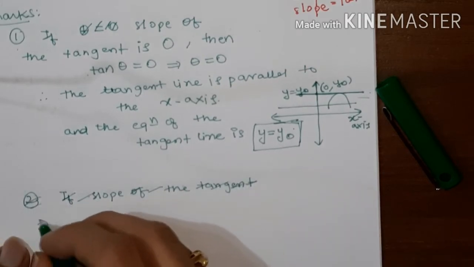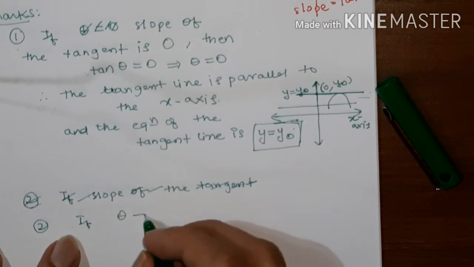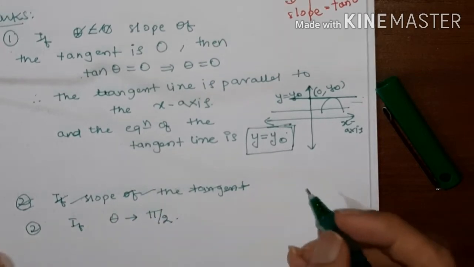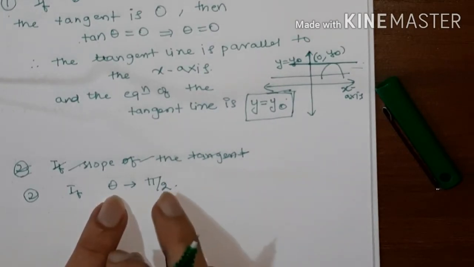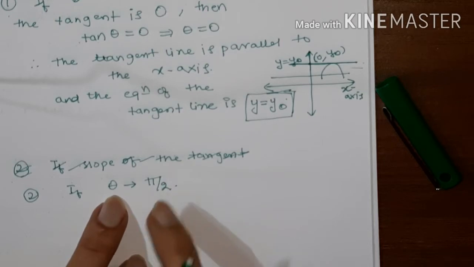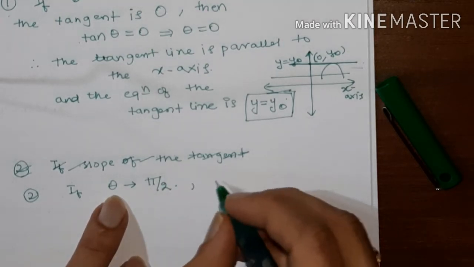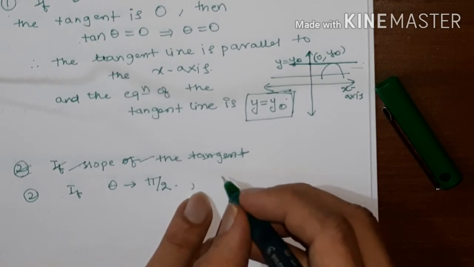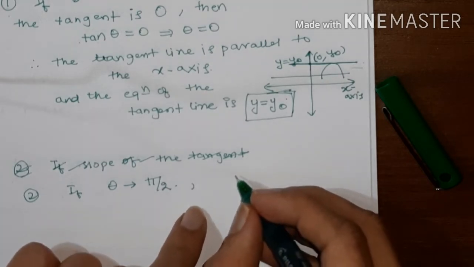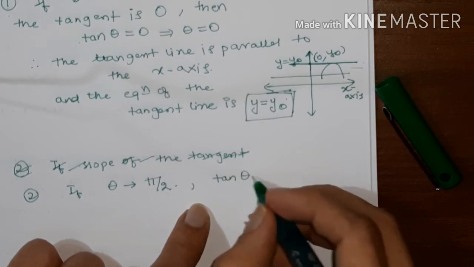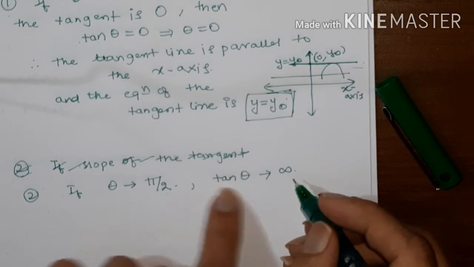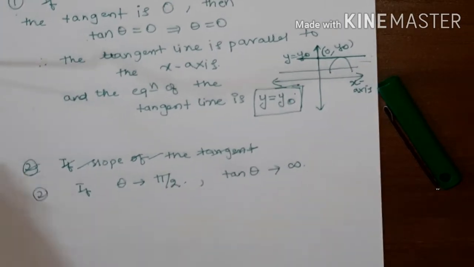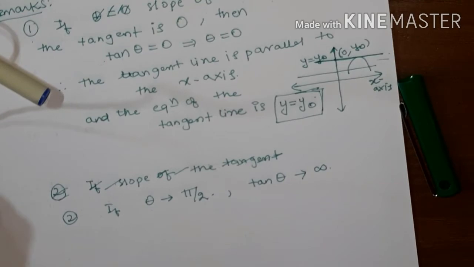Second, if theta approaches pi by 2, that means theta is getting very close to pi by 2, that is 90 degrees, then where will tan theta go to? So tan theta will go to infinity, because tan of pi by 2 is infinity.